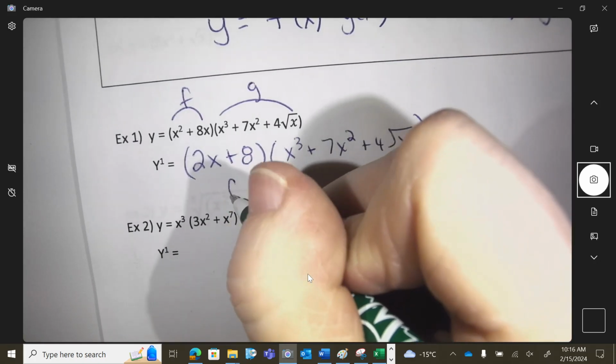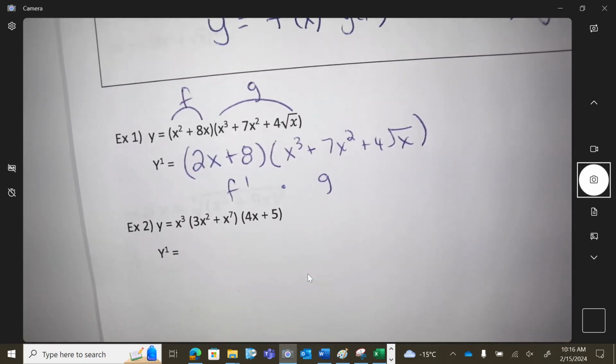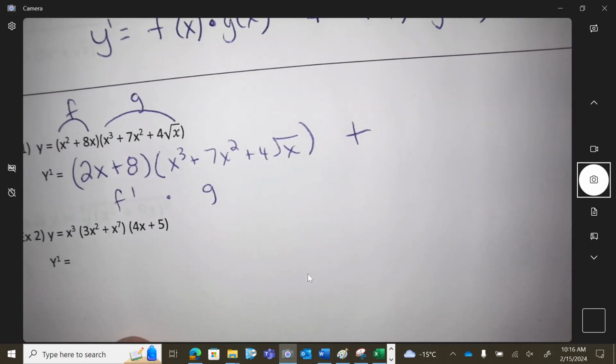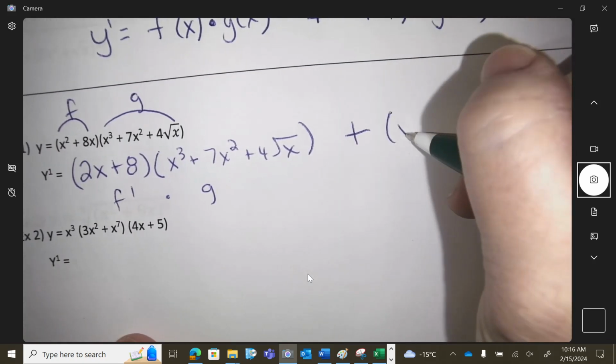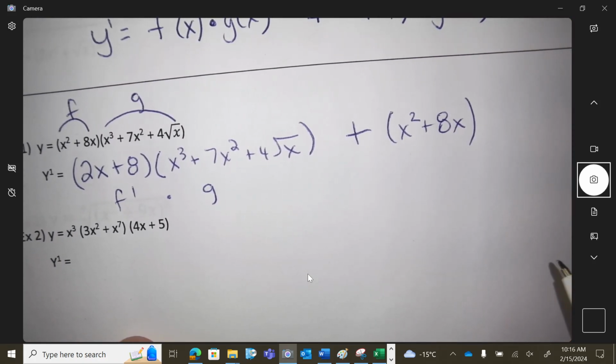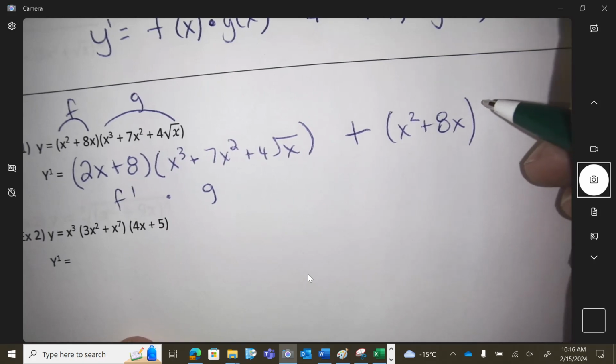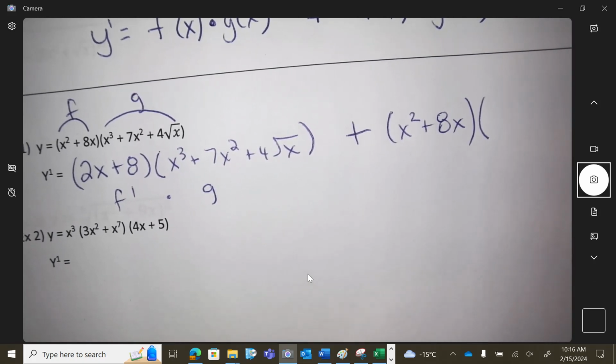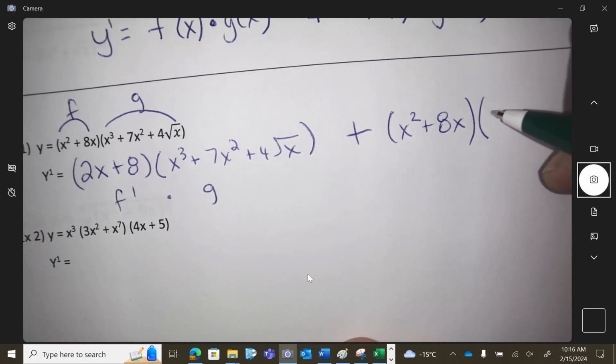So you see what I did? F prime times the g. Right? Plus the original first bracket times the derivative of the second one.